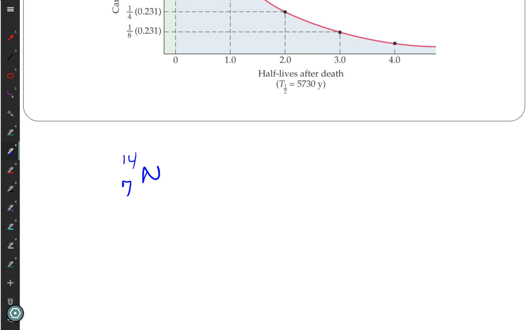And so I believe it gets hit by a neutron. I didn't look this up, so I could be wrong.